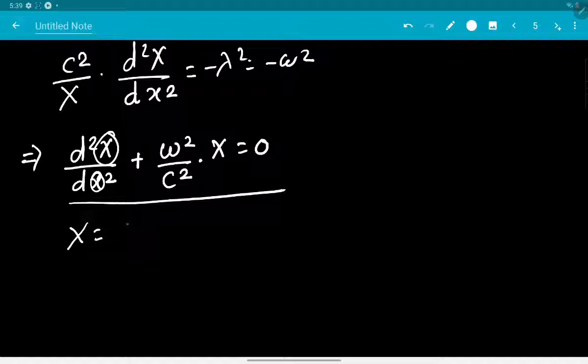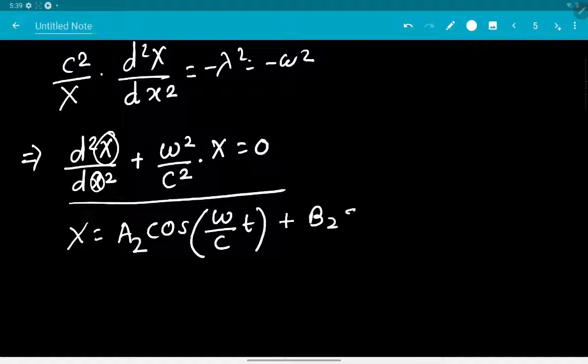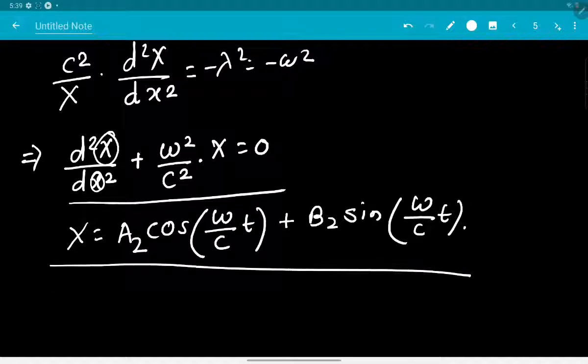We already have used A, B, and I don't want to use C, D, so I'll call it A2 cosine of omega by c x plus B2 sine of omega by c x. So this is capital X. Now we have found out capital X as well as capital T, and so I can say that I know the expression of y, and that expression of y is what?